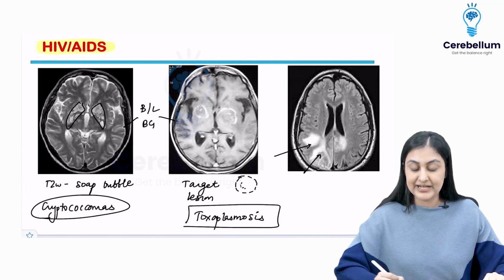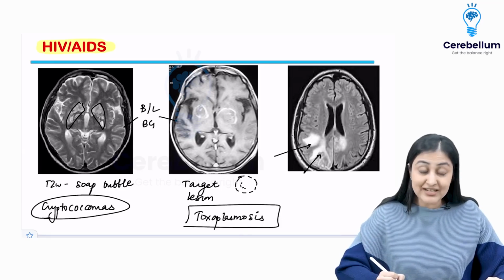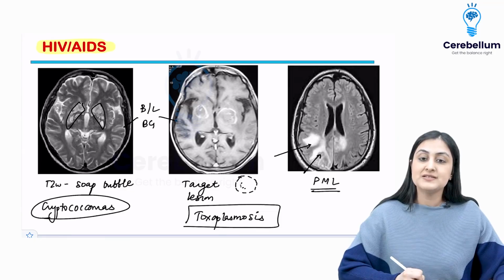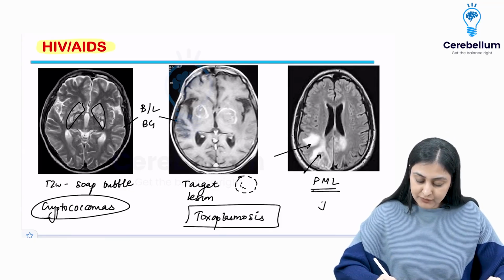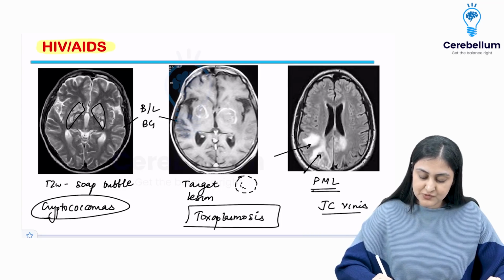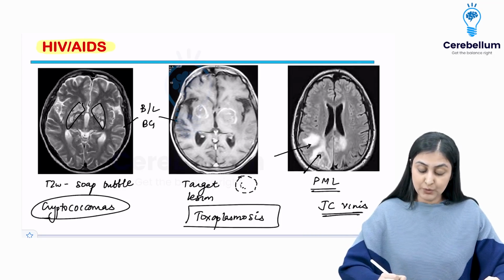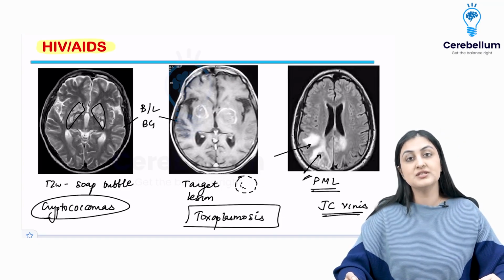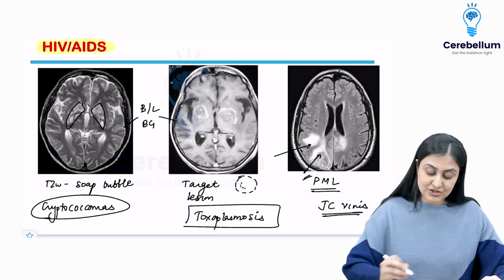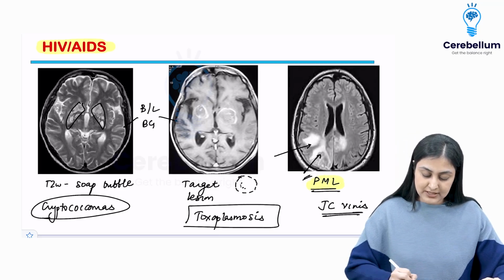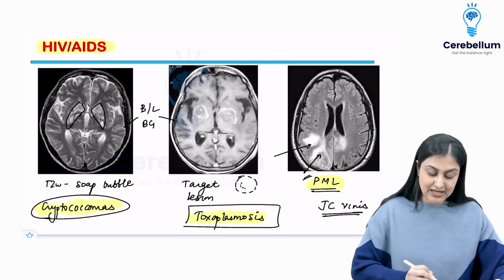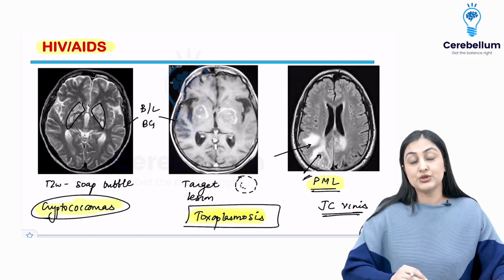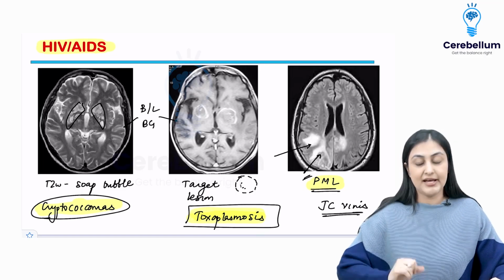Yeah, so you can see how white matter is involved here and it is asymmetrical. This is PML, progressive multifocal leukoencephalopathy, and this is because of JC virus. We know PML is also a side effect with a drug for multiple sclerosis, which is natalizumab. Okay, so in HIV it is infective. So these are three patterns for HIV/AIDS. If they have to ask something, it would be toxo. Okay, so this is about infections in HIV/AIDS.